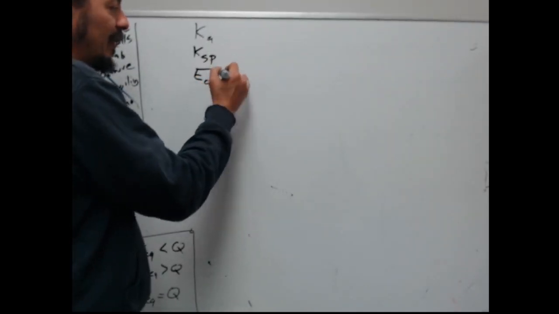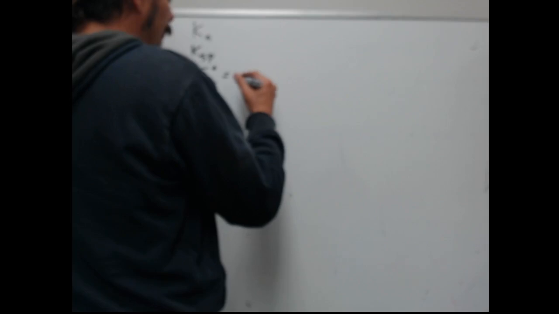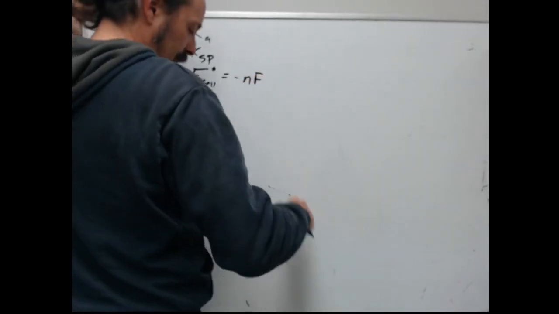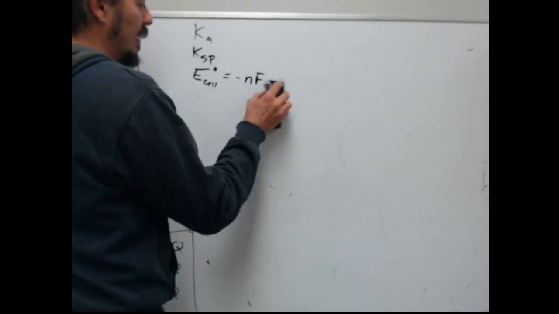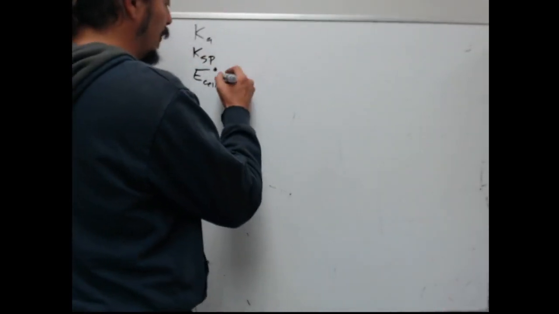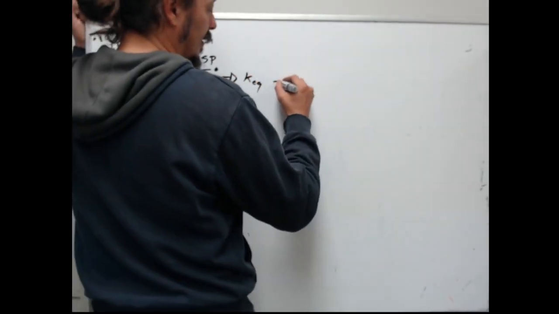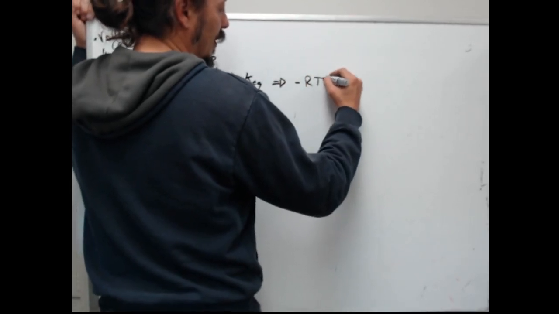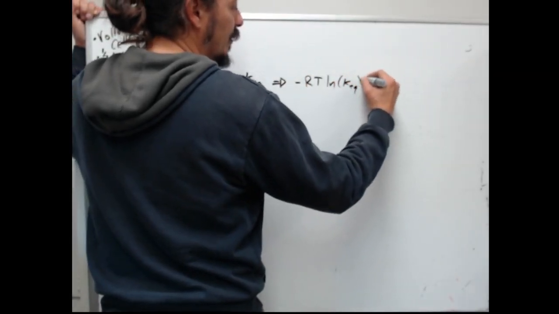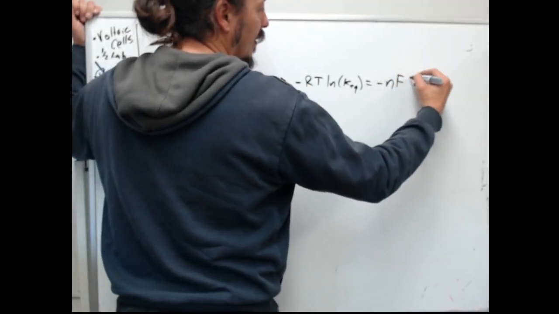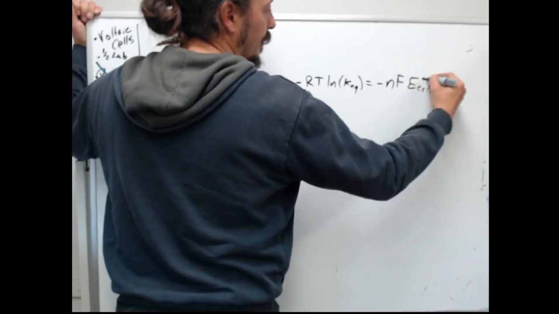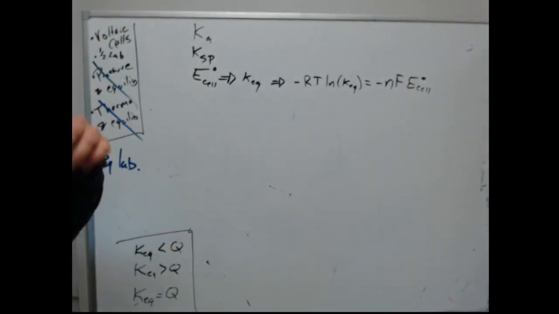But when we look at redox reactions, we use E cell standard, which can be related to Keq through the equation negative RT ln Keq is equal to negative nF E cell. So we're still using something like an equilibrium constant. Standard cell potential relates to the equilibrium constant.